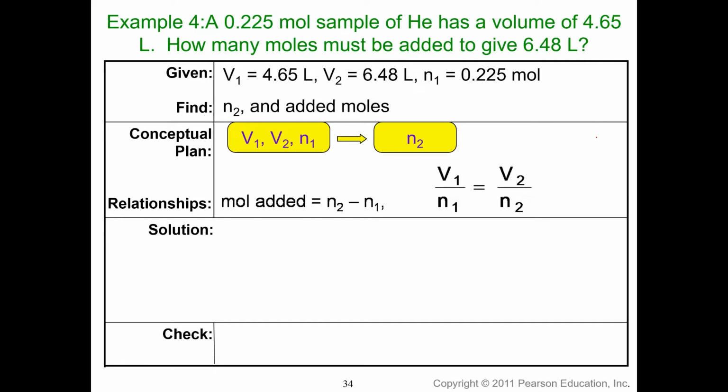It is true we are looking for N2, the final moles, right? But the question is not asking about that. The question is asking how many moles must be added. So if it must be added, you originally have some number of moles. How many moles were added? Once you calculate N2, you need to subtract N1 from N2 to give you the number of moles that is going to be added. So it is important when you read the problem to pay attention to these details.